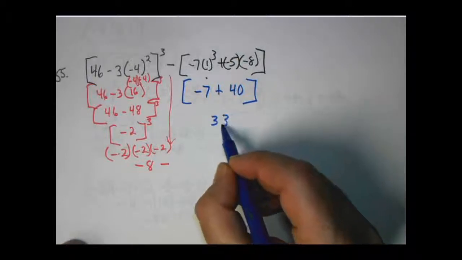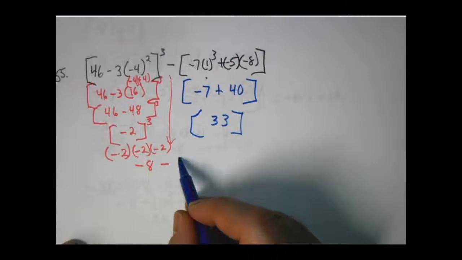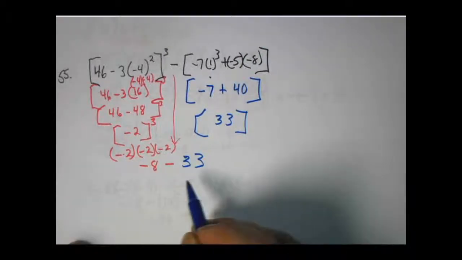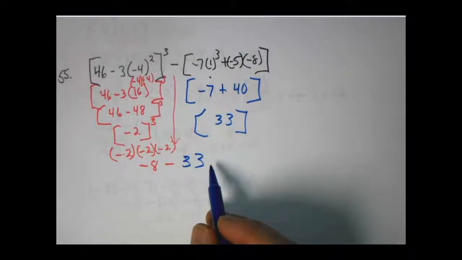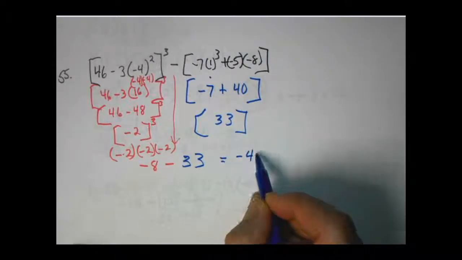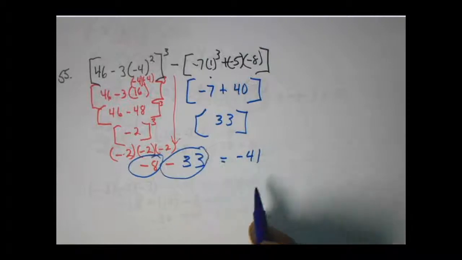It's going to give me 33. So then I'm dropping that bracket down to here. So now I have minus 8 minus 33 gives me a total of minus 41. Signs are the same, add them up.